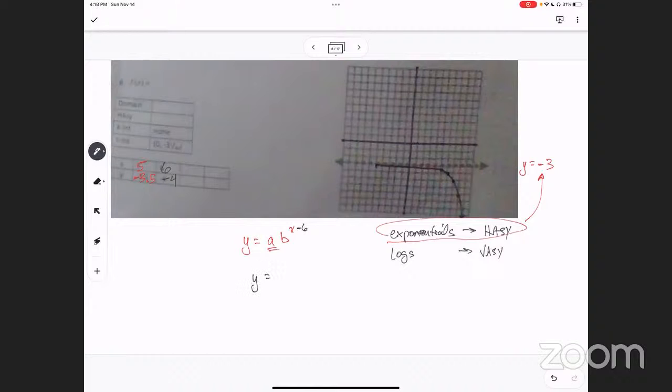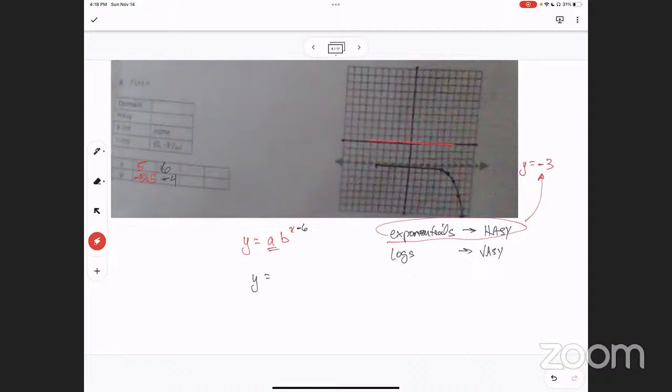Let's see if it's just y equals, and let's now figure out what that value would be. I'm trying to think of how we would do this. So normally, let's go back to the basic one.